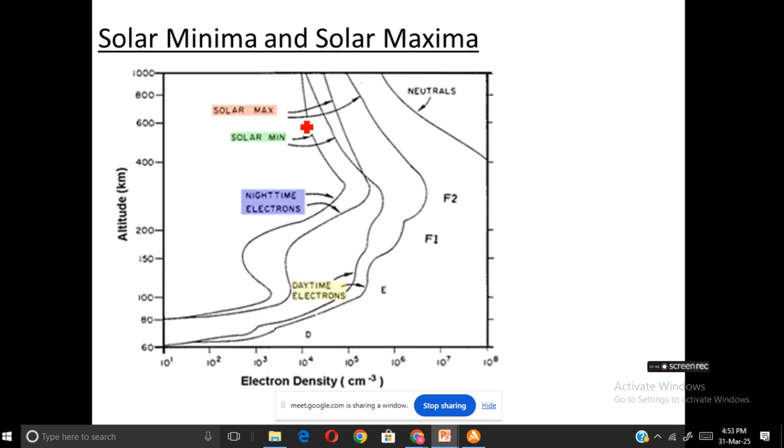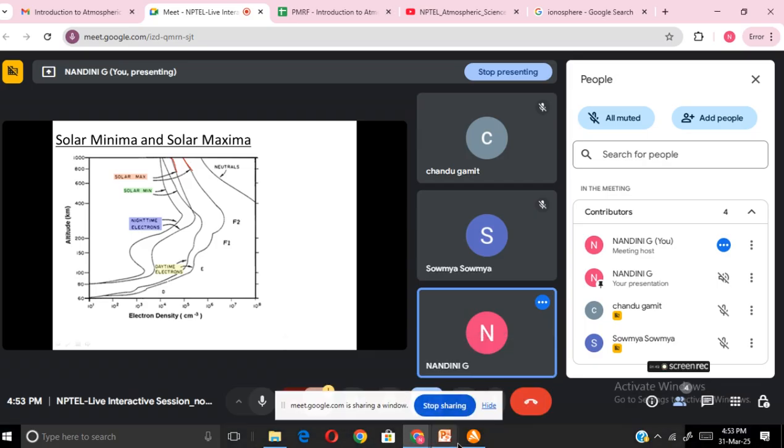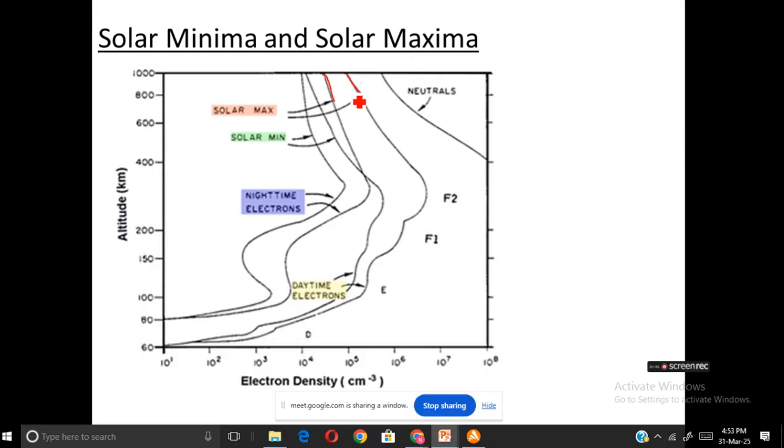So these two, this one and this one, correspond to solar maximum. These two lines correspond to solar maximum, and these two lines correspond to solar minimum.